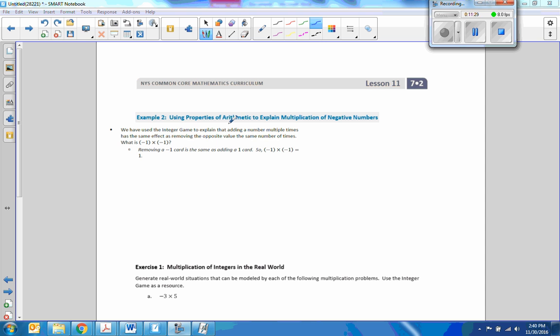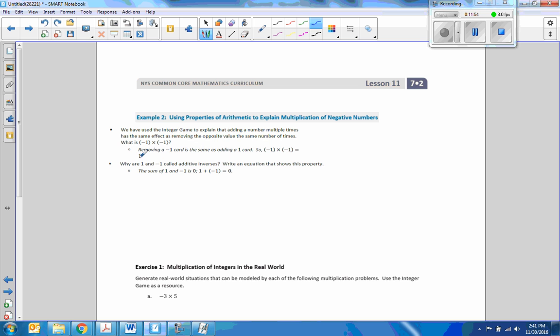But if I remove them, that reduces my hand value by 3, which would be the same as drawing negative numbers to equal negatives. So what they're saying is -1 times a -1. Removing a negative card is the same as adding a positive card, so -1 times -1 equals 1.